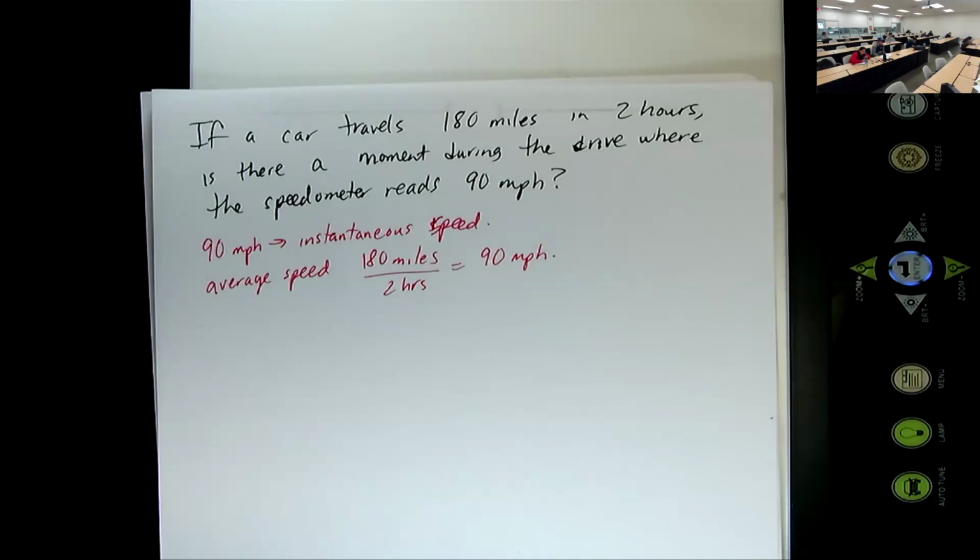So does that mean it had to be 90 miles per hour somewhere during the drive? Why? Because if the average is 90 miles per hour, at some point you had to pass 90, even if you went over. If you're averaging, that means between under and over, you had to be over at some point.